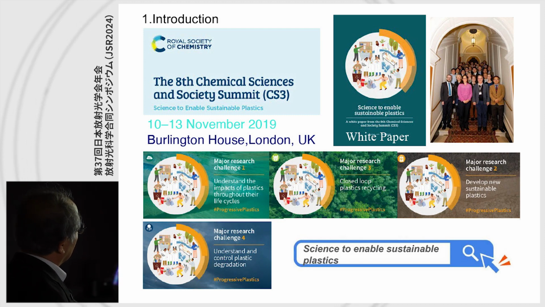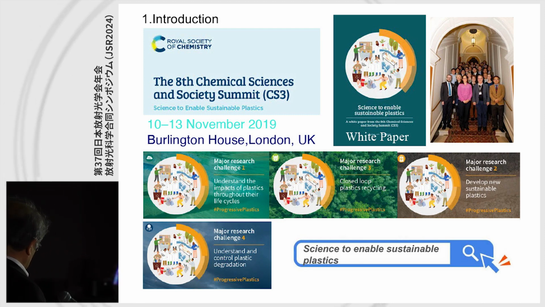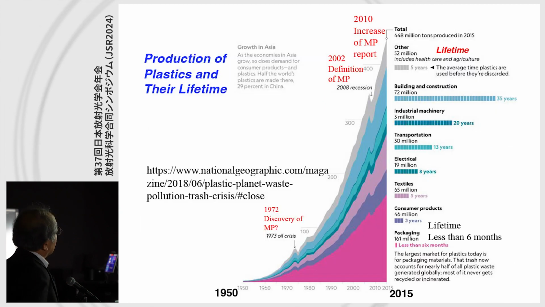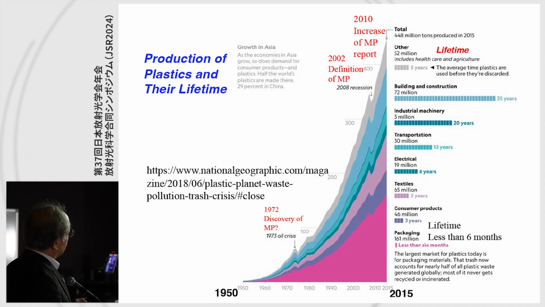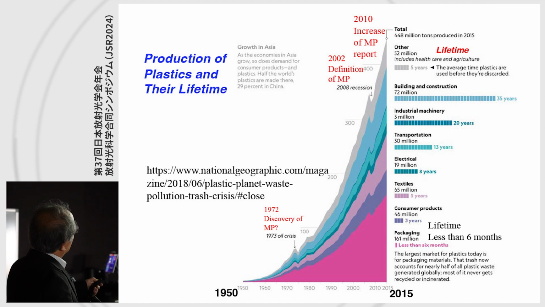This summarizes well the status of plastics in 2019, but some of it can still be utilized in our recent research projects. Plastic production has increased very rapidly, and has slowed down a little after COVID.